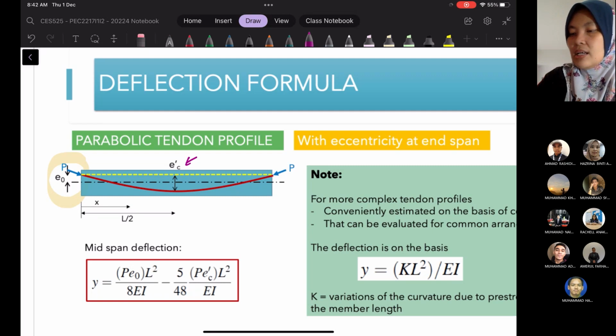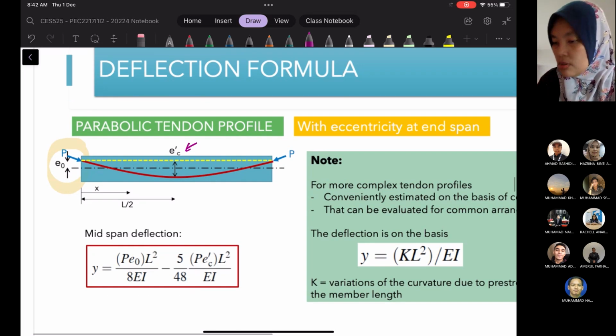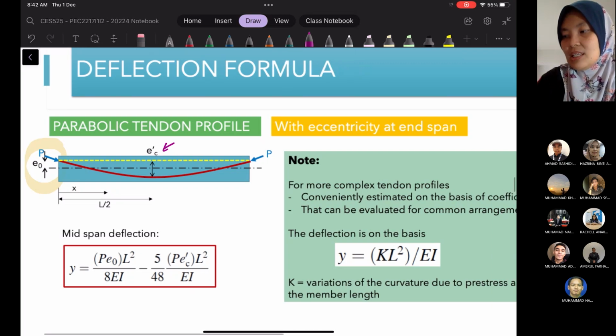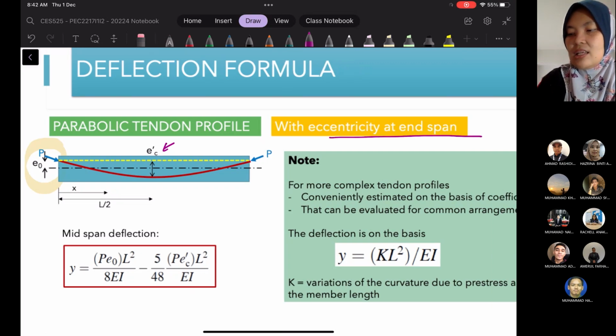So here we have E0 and also E prime C. So here the equation will be altered, in order to consider this extra eccentricity, because we have eccentricity at the end span.